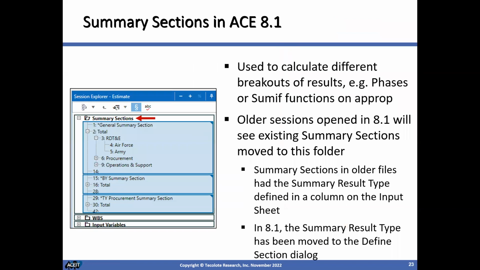Okay. And then getting into the true summary sections, a lot of times these were used to calculate different breakouts of results. Quite a few people would use the SUMIF functions and do a breakout by appropriation or some of the category columns that you have set up in the file. In older sessions that open in 8.1, those rows are going to move into this summary section folder.